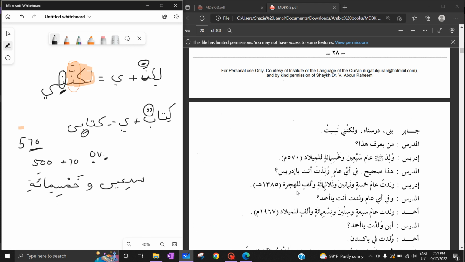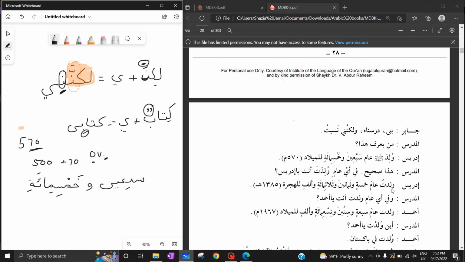So we will not discuss why there is so much difference in years, but we'll just study the numbers. It may be a printing mistake, or I'm not sure about the reason, but we will just study the numbers, how it is written.